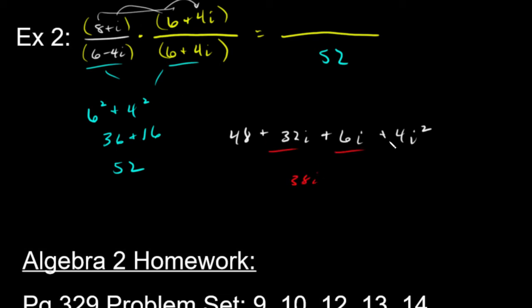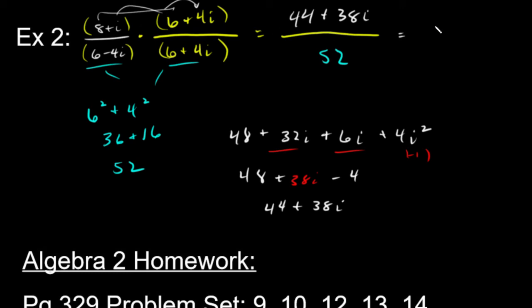And then this over here makes negative 4. So you've got 48 plus 38i minus 4. And so you have 44 plus 38i.